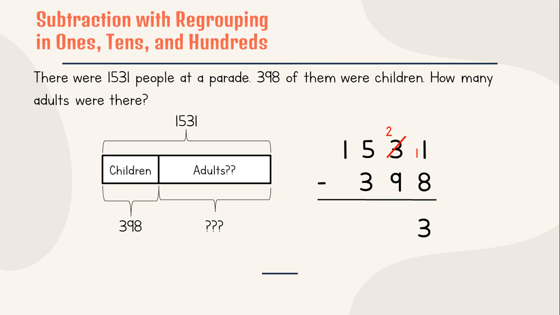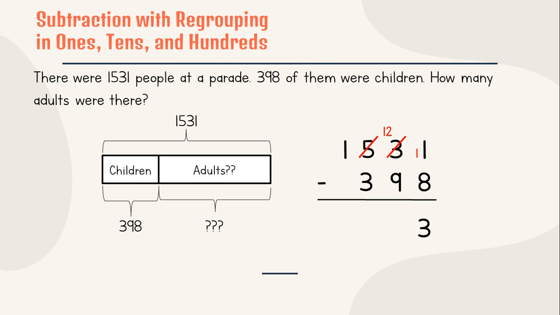And then 2 tens minus 9 tens, is it enough? No, because it is not enough. We're going to need 100. So we will borrow 100 from 500, so it will be 12 tens. 100 and 2 tens.